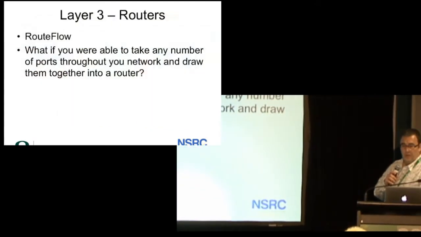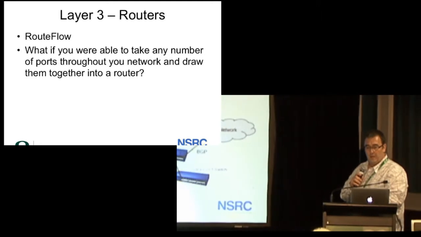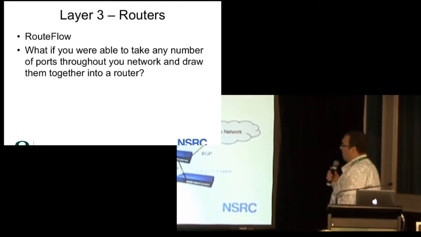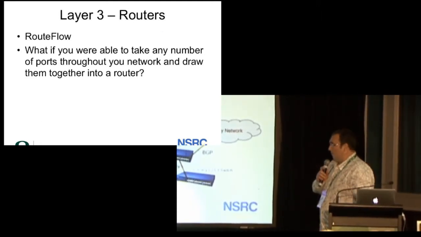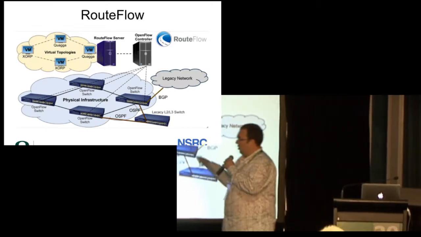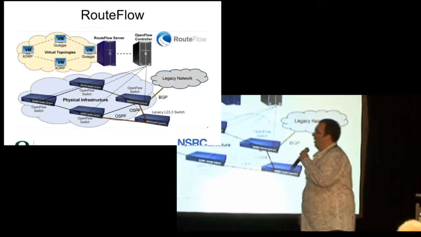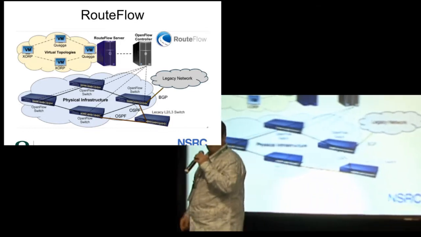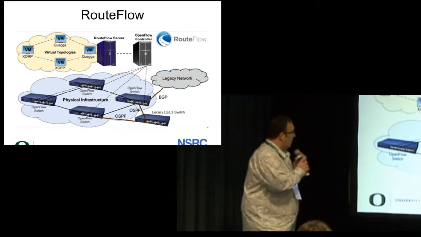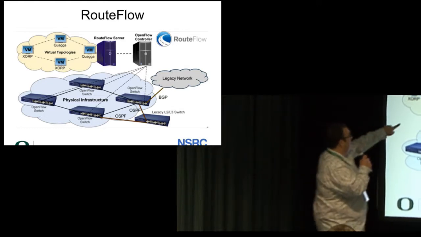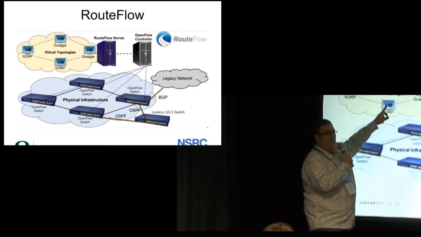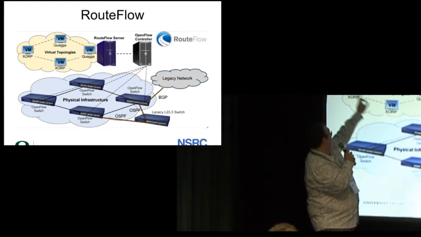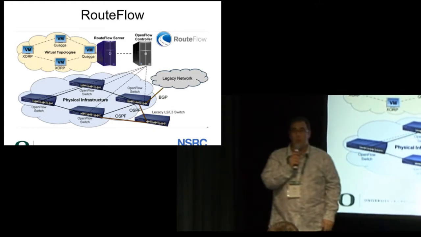Similarly, layer 3 and routers. There's a system called RouteFlow, which takes an Openflow fabric here and lays a virtual router on top. So basically, the router is just up here running in a VM. And it could be Zorba, it could be Quagga, it could be Bird, it could be anything.